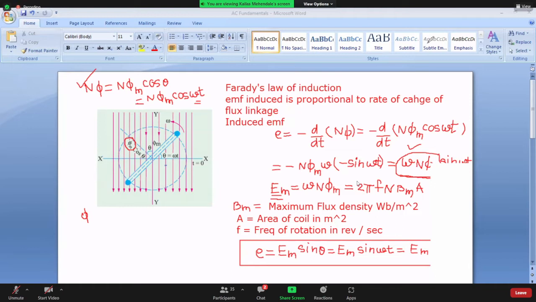Sir, where did this BmA come from? Not clear, please speak slowly. Sir, I am saying that after you wrote Em is equal to omega n phi m, from where did BmA come from? The 2 pi f and BmA.